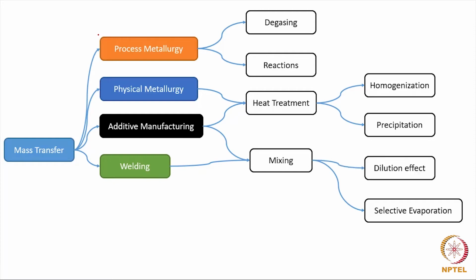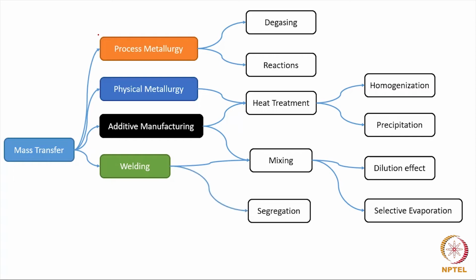And often we talk about what is called the dilution effect, which is basically the way the deposit or the weldment has a different composition compared to the base material, and that is because of the mixing. This plays an important role in the properties of that weldment, and that's also a mass transport problem.